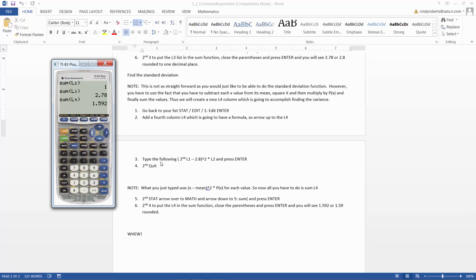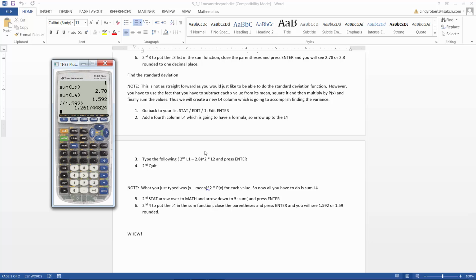I get this value, but notice that this is the variance, so I have to take the square root of it, second square root, to get 1.592, the standard deviation, and then of course I'm done.